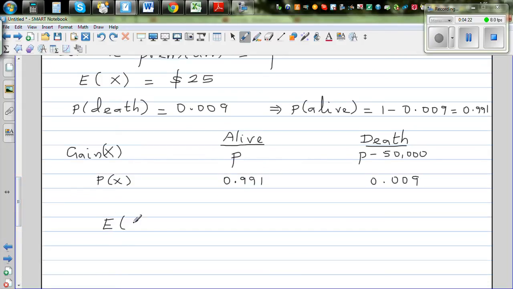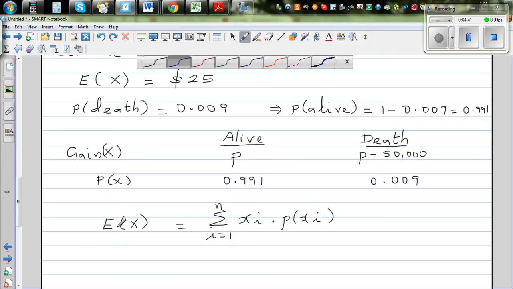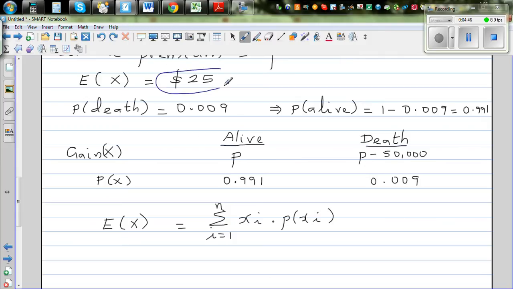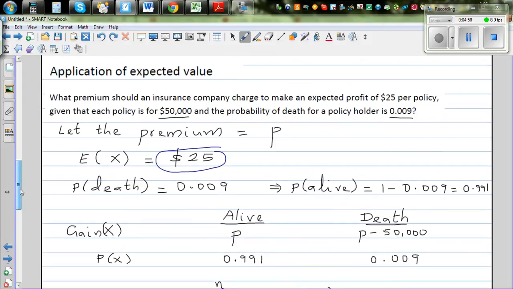Let's write the formula. The expected value of a random variable x is sigma i from 1 to n of xi times probability of xi. What does this mean? The expected value of this situation is 25. They want an expected gain, or expected profit, of $25.